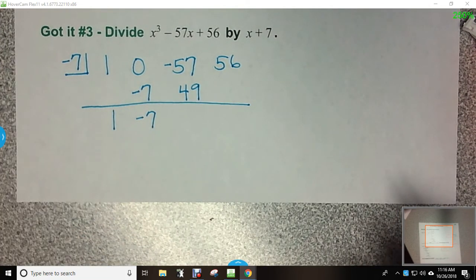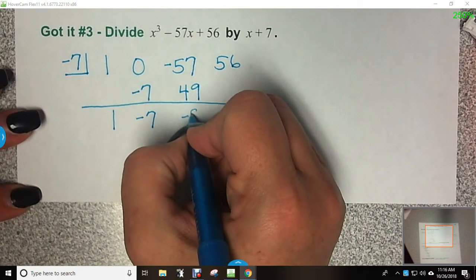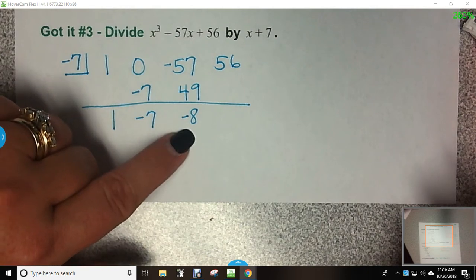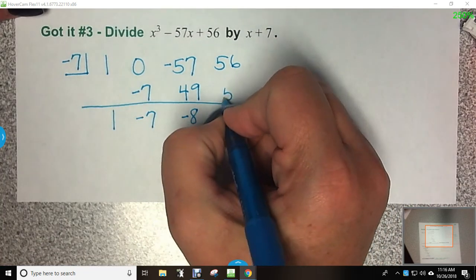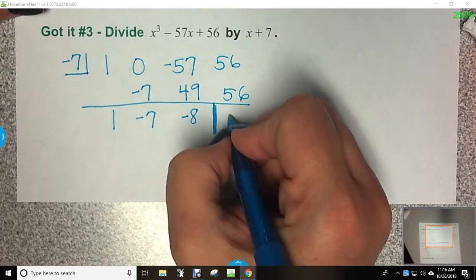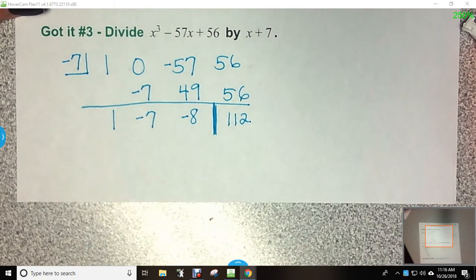Add that column together, negative 8. The box times the new number underneath gives me a positive 56. I end up with a remainder of 112.